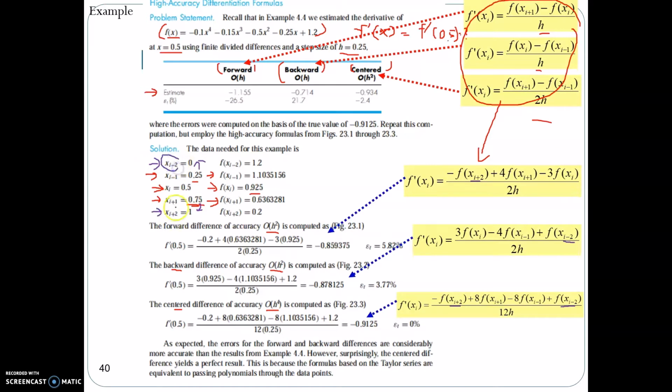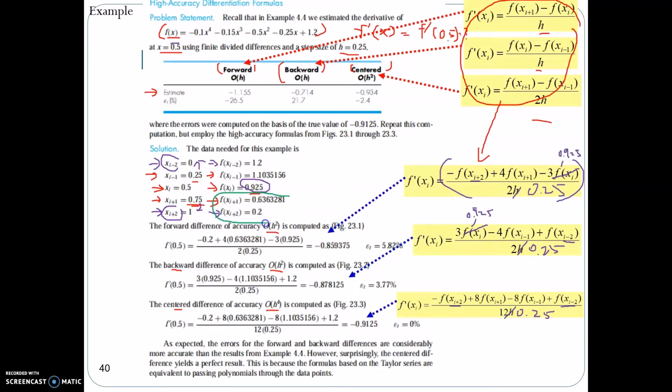Substitute these two points into the function here, then you obtain the corresponding f(x). So let's substitute inside this formula. h is 0.25 for these three formulas. Substitute 0.925 to the f(x_i) function here.